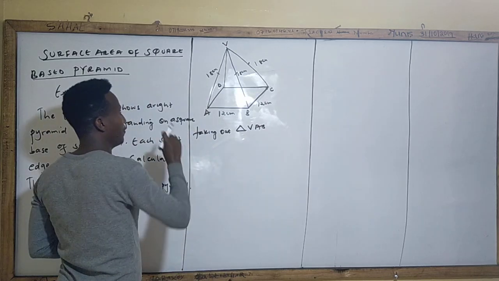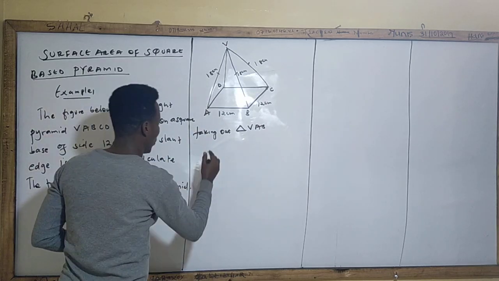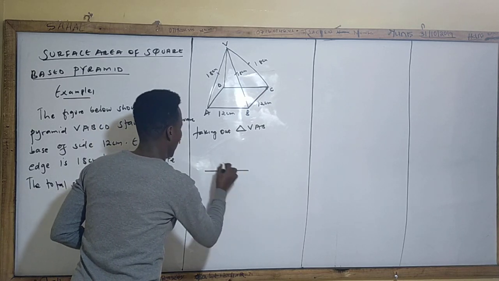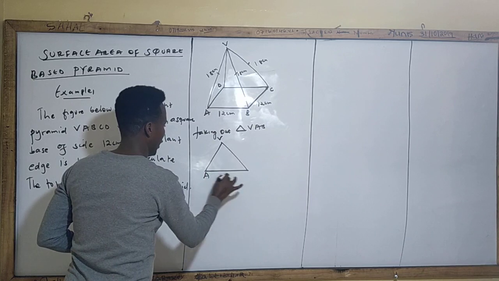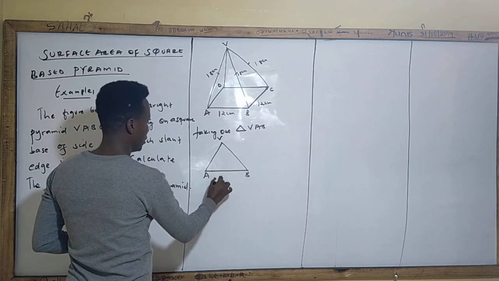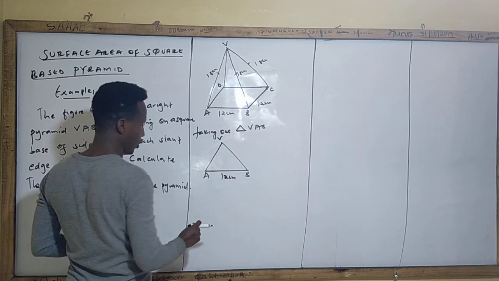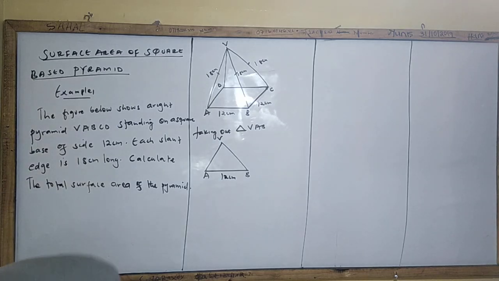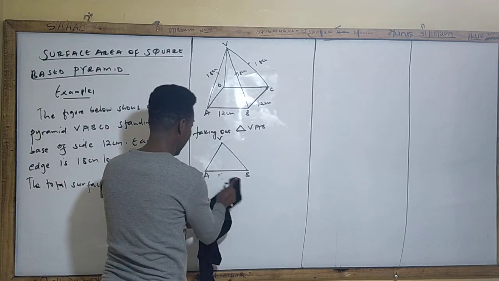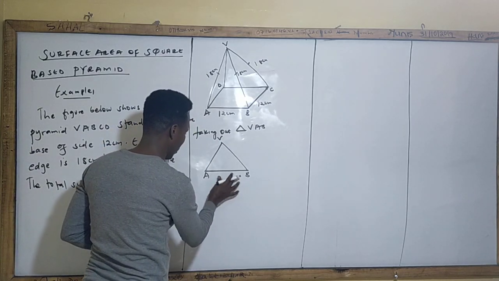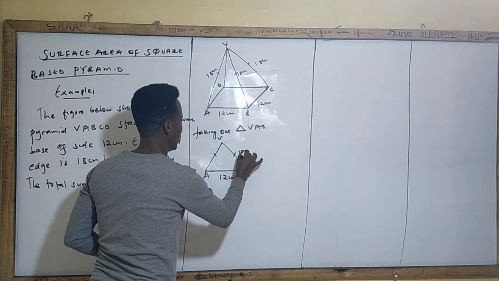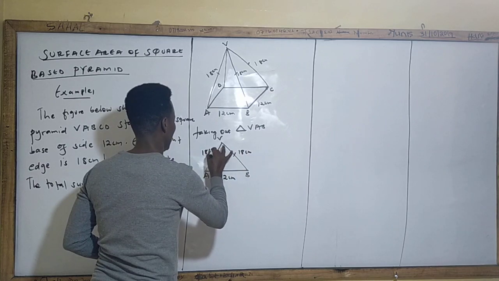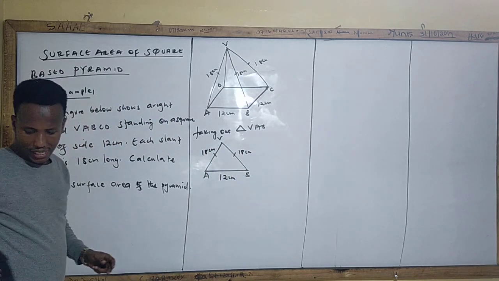Triangles VAB and VBC are equal, so I'll take one of them. I will have VAB, and the measurement will be 12 centimeter. This is 12 centimeter. These two sides are equal, 18 centimeter. Here also 18 centimeter. So this is an isosceles triangle.